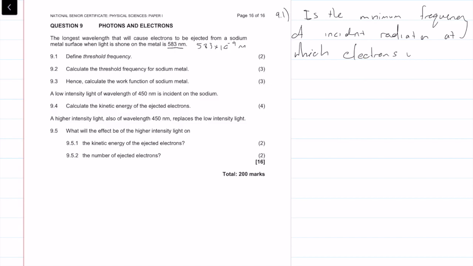So the threshold frequency is the minimum frequency of incident radiation at which electrons will be emitted from a particular metal.